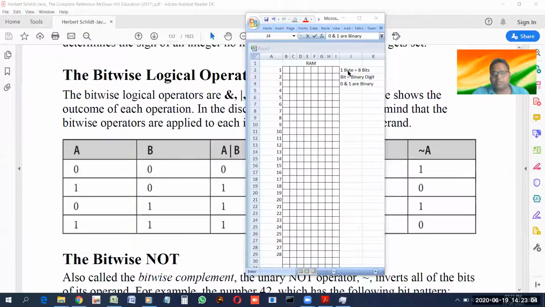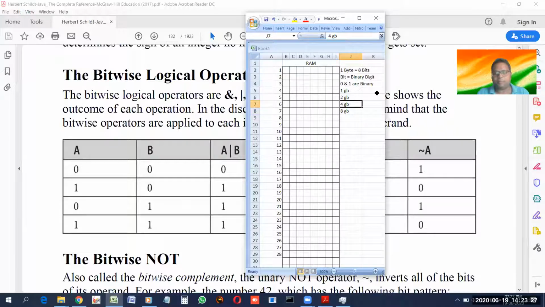RAM. Usually we have 1 GB of RAM, 2 GB of RAM, 4 GB of RAM. Nowadays, 8 GB of RAM is very common in advanced computers. Even in a new laptop, even today, 4 GB RAM is okay.